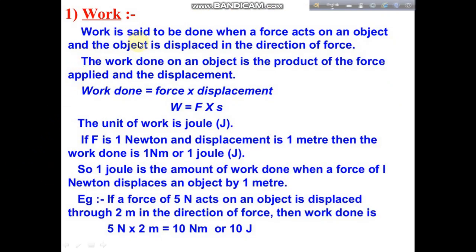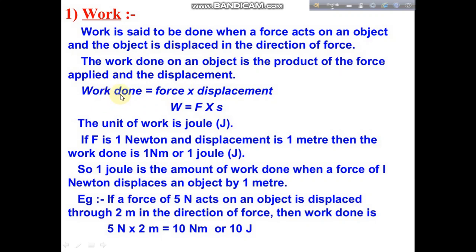So, work is said to be done when a force acts on an object and the object is displaced in the direction of force. The definition of work will be: the work done on an object is the product of the force applied and the displacement.